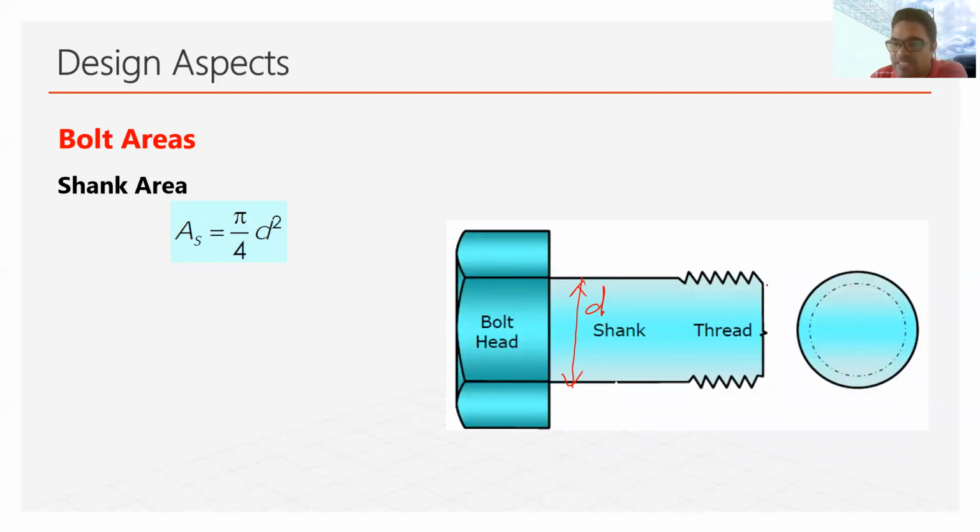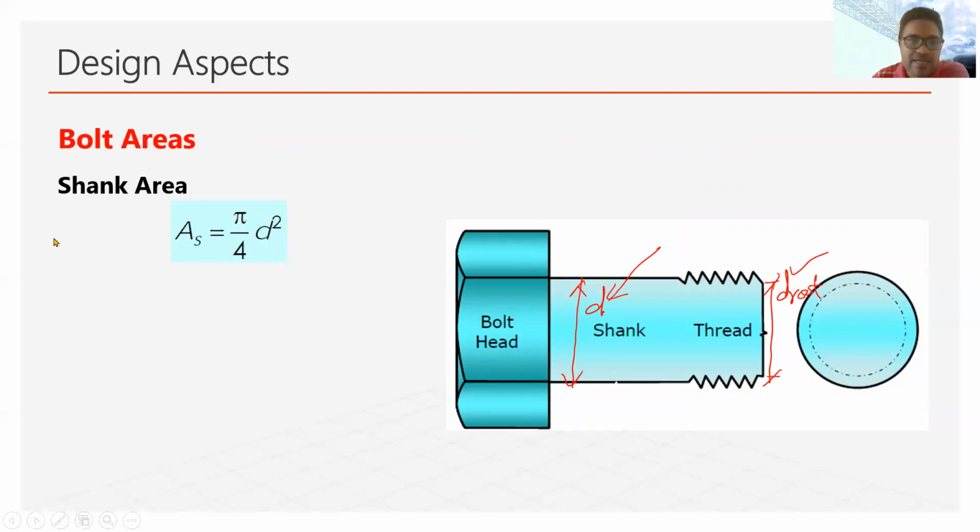Similarly, the least dia will be called the D root. So area calculated using D root will be called net effective area, and area of bolt calculated using this D will be called gross area. So both areas will be used while calculating the design strength of the bolt. Now they will be used in different criteria that we will see.